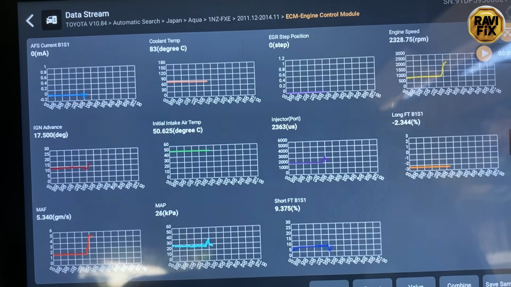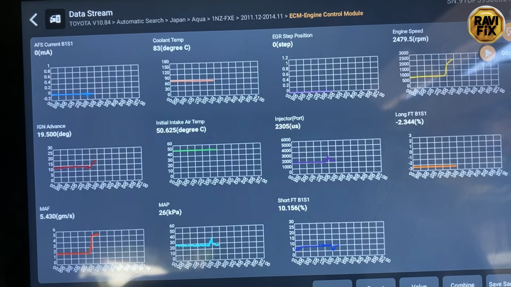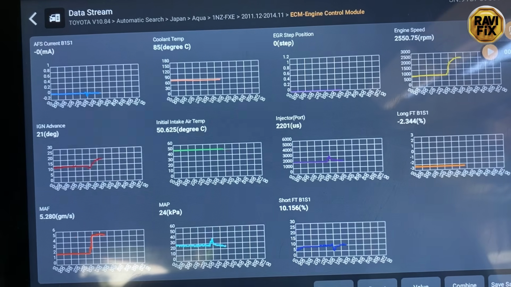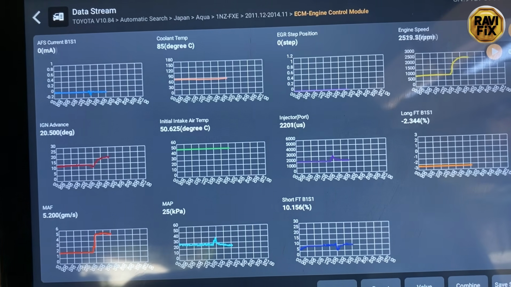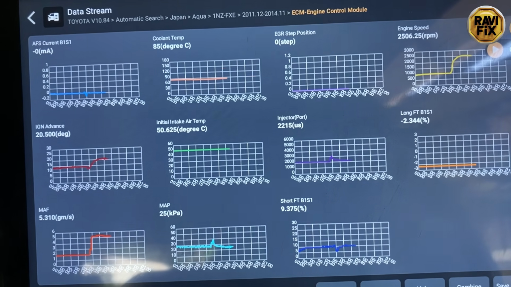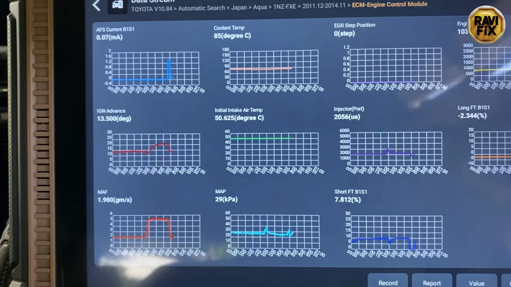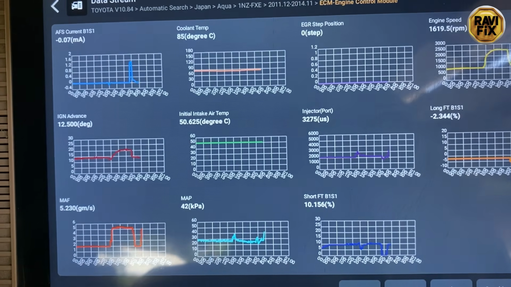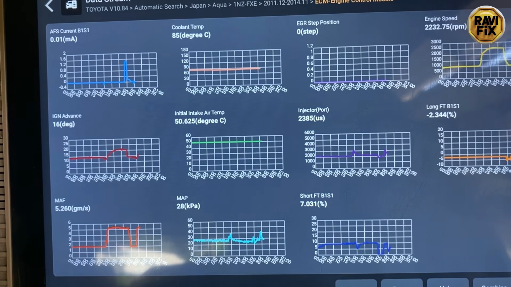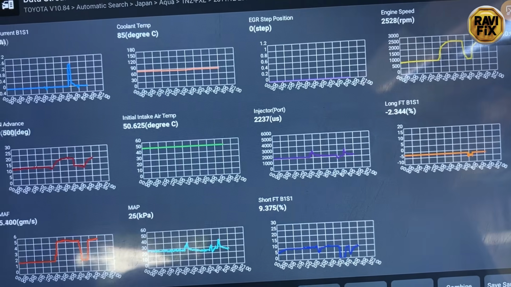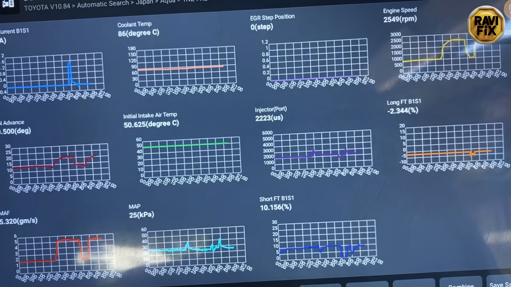Look at that. When I rev up the engine, you can see the RPM goes over 2500, but the short-term fuel trim still stays around 10%, which indicates a little bit of lean condition. When it gets back to idle, it is still moving around 7, 8 and 9. You can see here it is around 9%, or we can call it 10%.